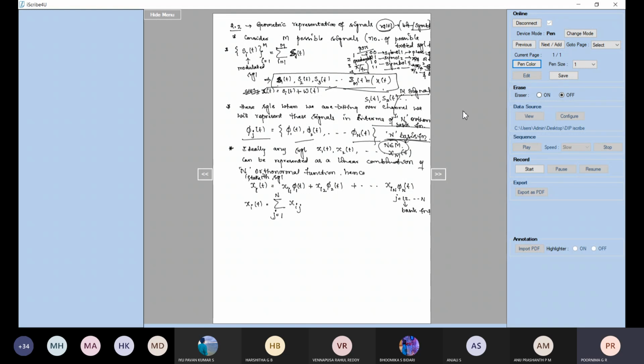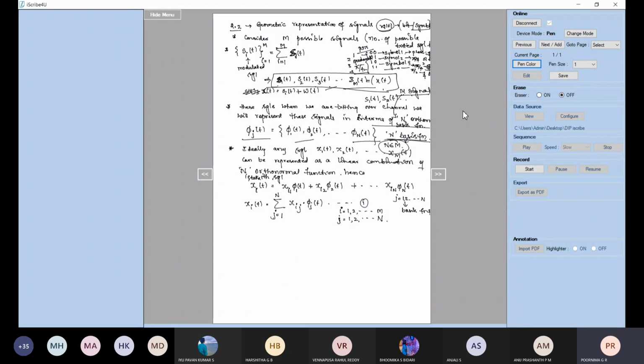So the sum of xij into phi j of t, you can call this equation number 1. Here i is equal to 1, 2, etc. up to m symbols. j is nothing but each signal. How do we represent it? Using n orthonormal functions, representing your signal.